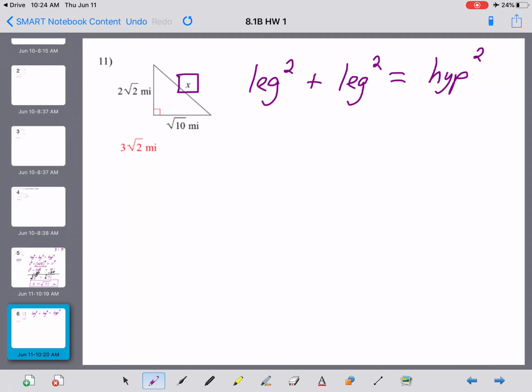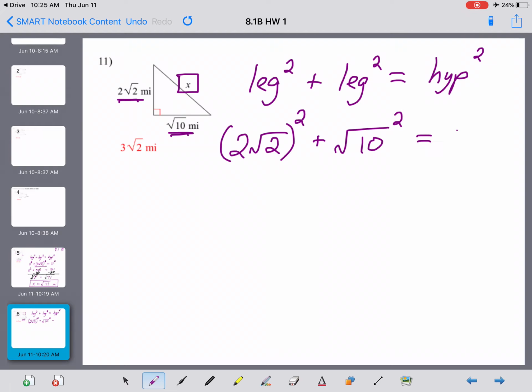The order you do this in doesn't matter, but your legs are 2 root 2 and root 10. So one of the legs is 2 root 2. But like we just got done talking about, you need to make sure you put parentheses around that before squaring it. Plus, the other leg is the square root of 10. You can put parentheses around that if you want to, but you don't need it because there's no number out in front. So the square root of 10 now gets squared.